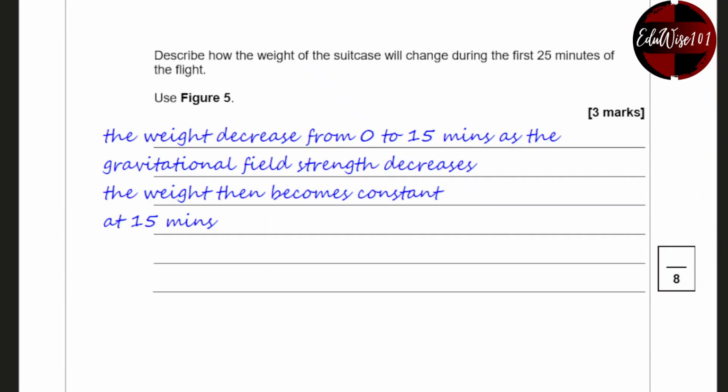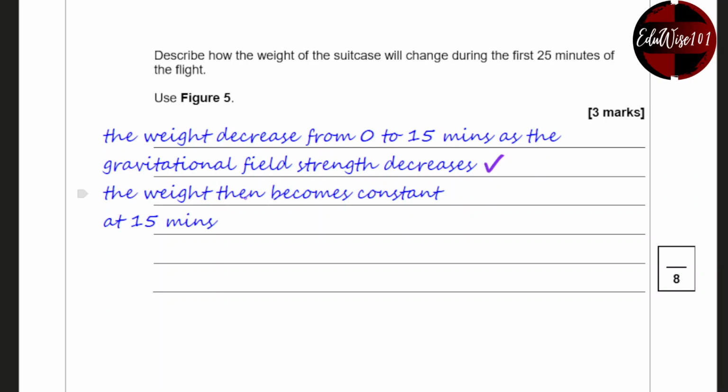So here's the answer. The weight decreases from 0 to 15 minutes as the gravitational field strength decreases. That's 1 mark. The reason this is happening is because the airplane is increasing in height. When you move further away from the land, as the height increases, the gravitational field strength decreases.